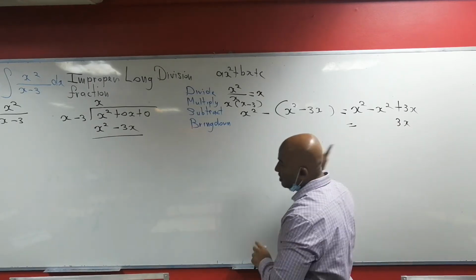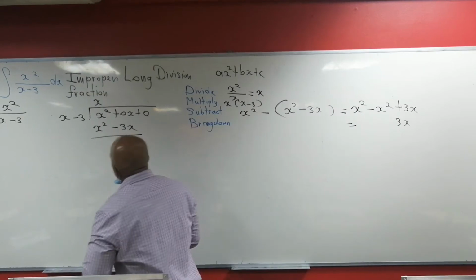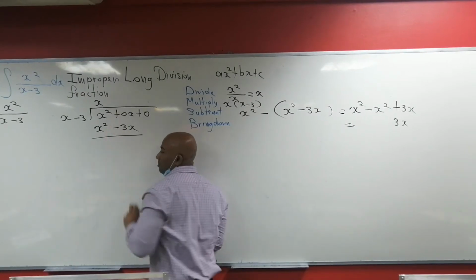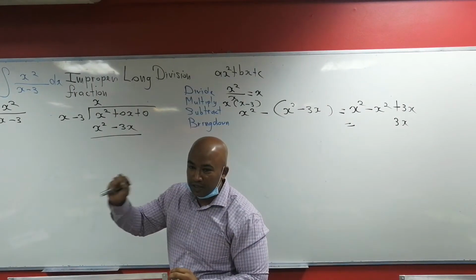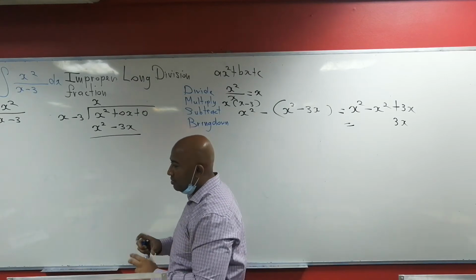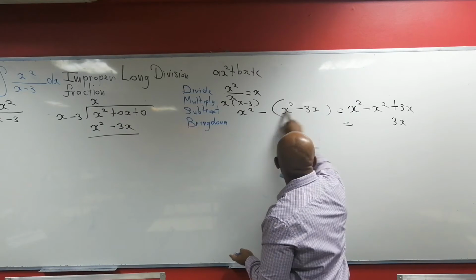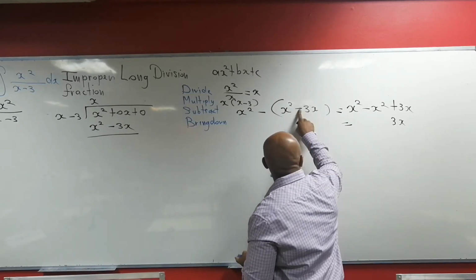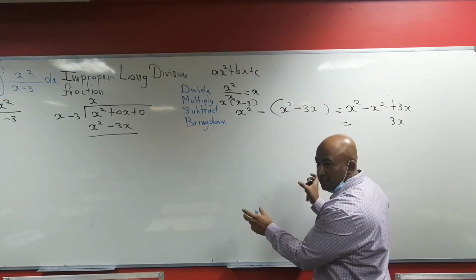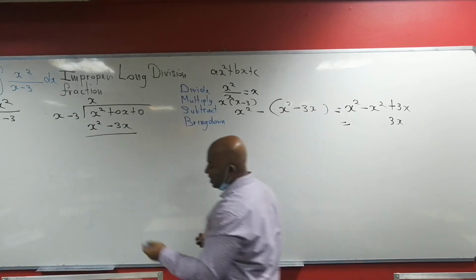But you don't have to do this. All you do is, when you are going top minus bottom, change the sign of the bottom term and add them up. Change the sign because you can see what happens here. This positive becomes a negative, and this negative becomes a positive when you're subtracting. Can you see that? So that is the reason for changing the sign.